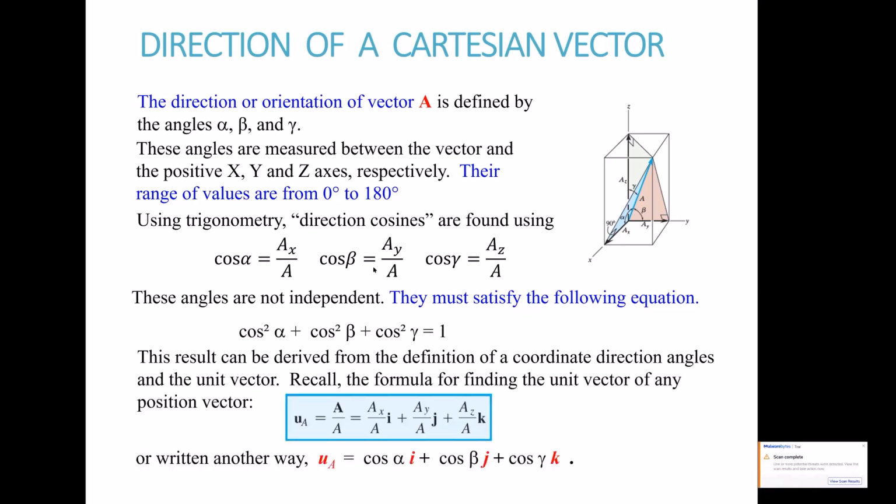Okay. And as before, when we had our unit vectors i, j, and k, we can use those to represent a vector, and we can also do it with the direction cosines. If you make that substitution, you'll see that ax over A is just cosine of alpha, which was defined here, ay over A is cosine of beta, and az over A is cosine of gamma.